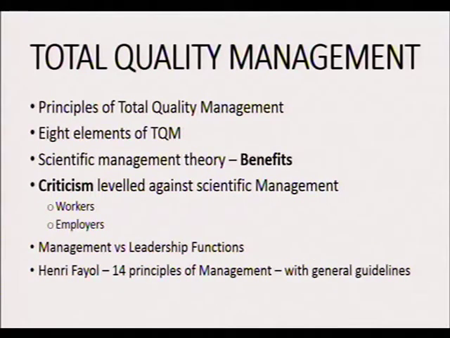Your module deals with total quality management, the principles of total quality management, and the 8 elements of TQM. You need to know them. They are very well outlined in your study guide. There is a little house there with the various materials that you can use for a house, but they symbolize something.